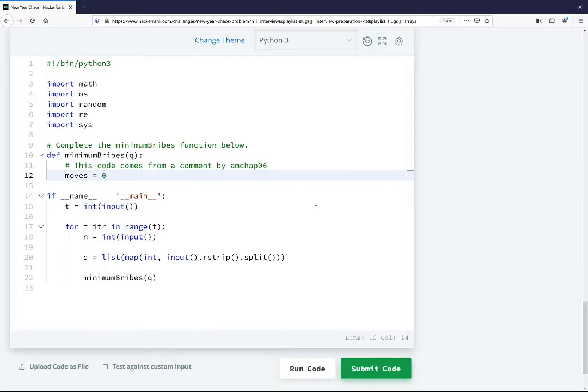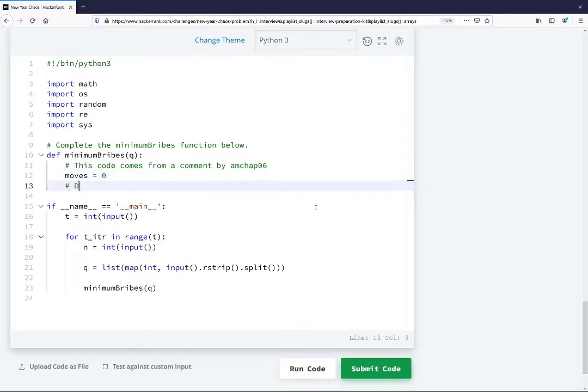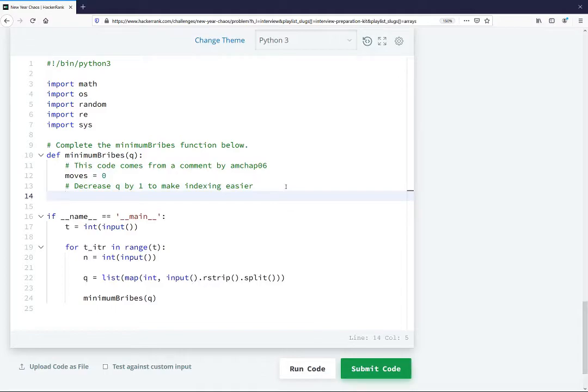Anyway, so we're going to count the move, and we're going to start at 0. The first thing we're going to do is decrease Q by 1 to make indexing easier. Because again, the indexes start at 0, and that gets a little confusing.